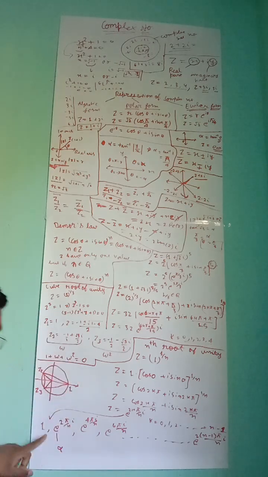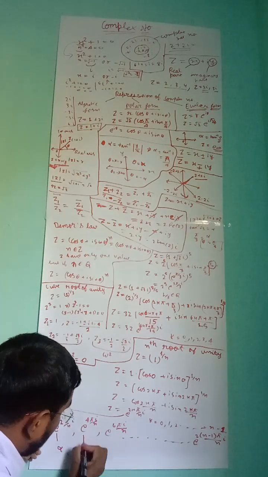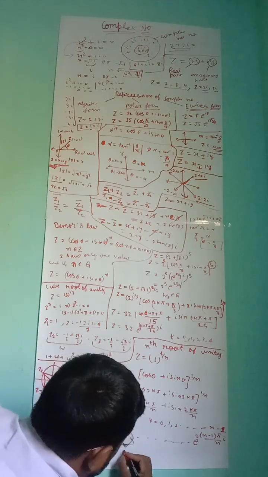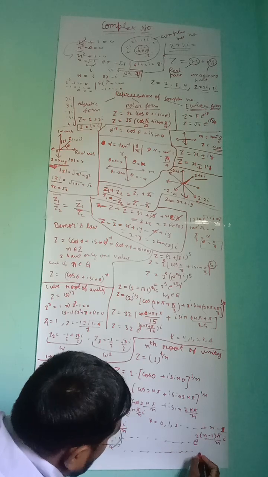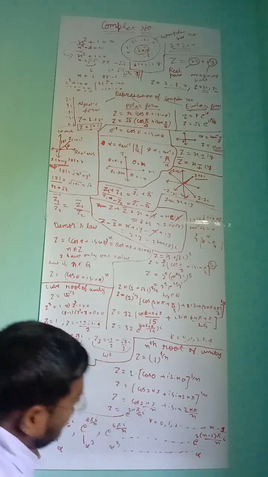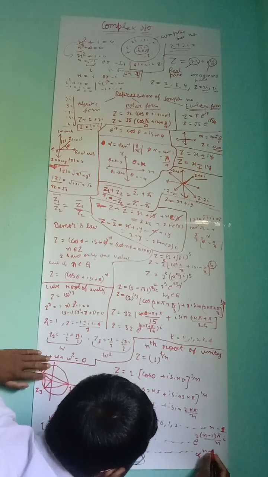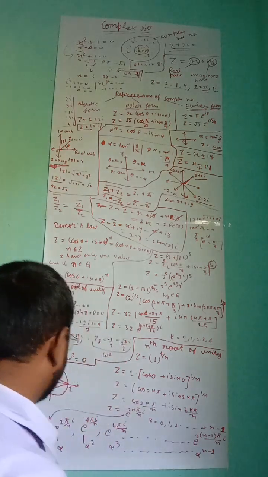Okay, so this is my one root, and say this is my alpha. This is my alpha, then this is my alpha square, this is my alpha cube, similarly so on, this is my alpha power n minus 1.